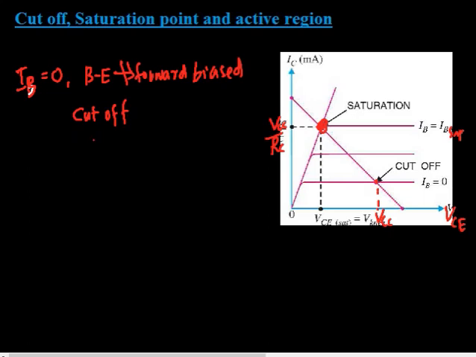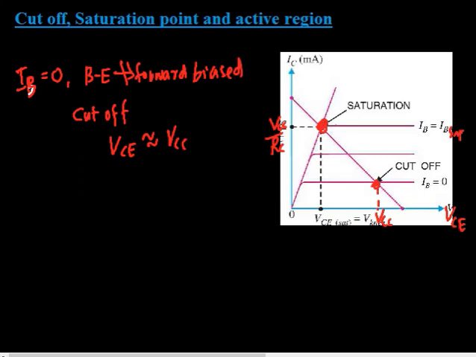Now in that case, the collector emitter voltage is almost equal to VCC. So during cutoff, VCE is approximately equal to VCC.